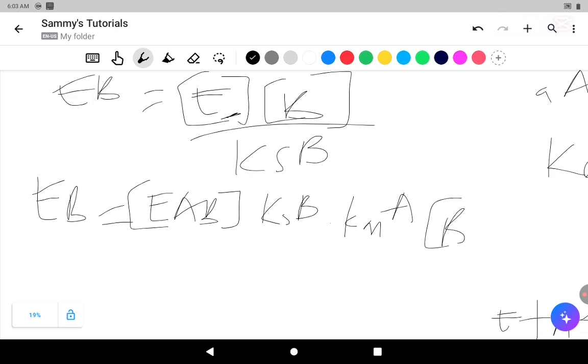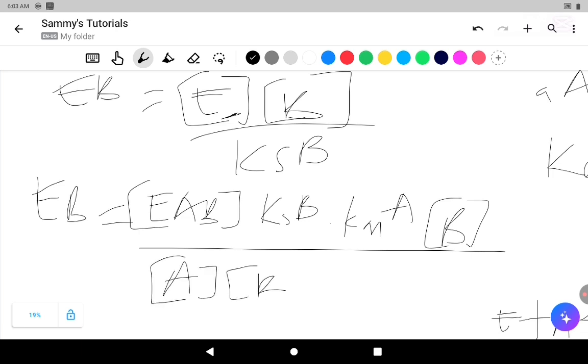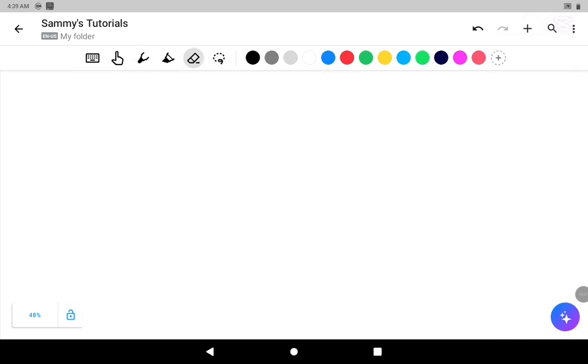There was a B here, so you put your B, all over A B times this KSB that is here, KSB. This is now equation E. So you have an understanding starting from the very beginning. So now that we have gotten all our 6 equations, equation A, equation B, and equation C1, C2, D, and E, it is time for us to now go back to our reference equation.